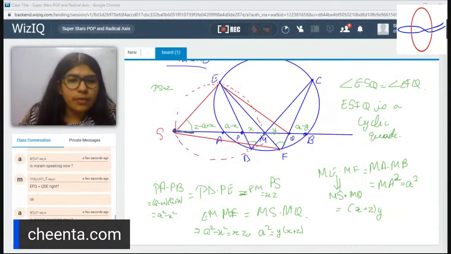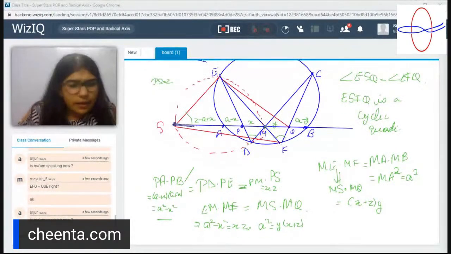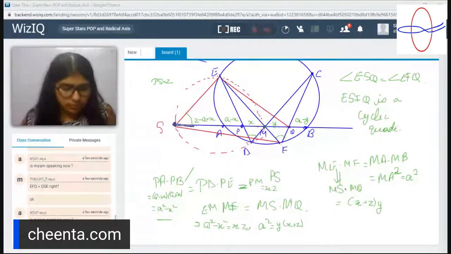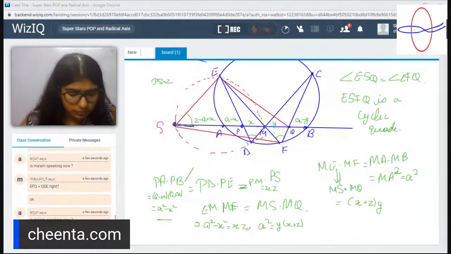And over here, PA into PB equals PD into PE, equals PM into PS, the way we have defined this point S. Okay, so that becomes A squared minus X squared equals XZ. Try continuing from here. You basically have to prove that X equals Y.